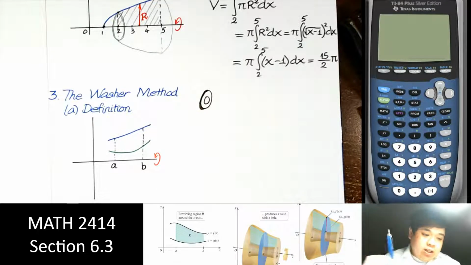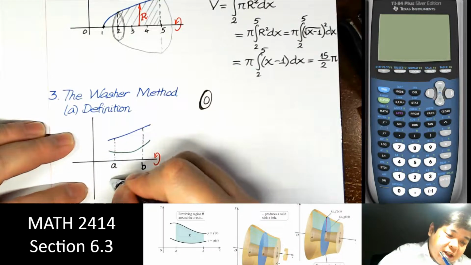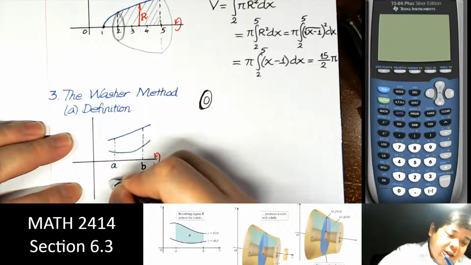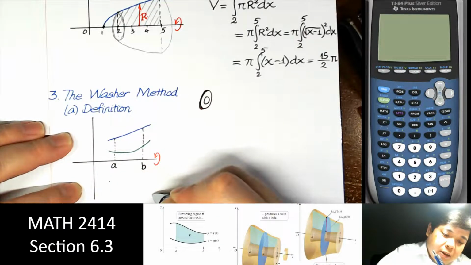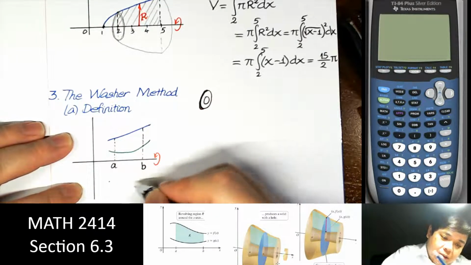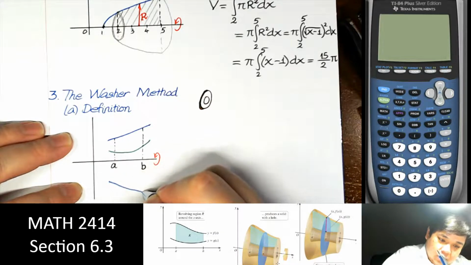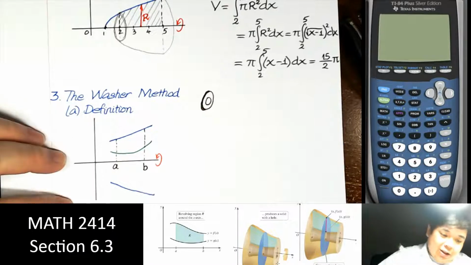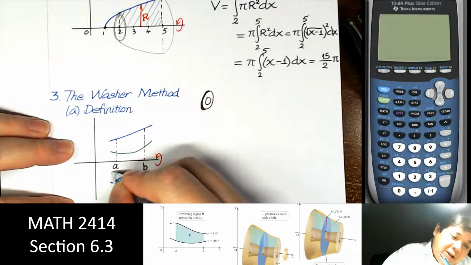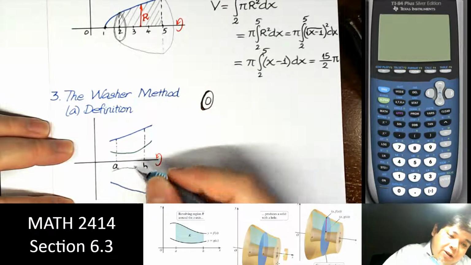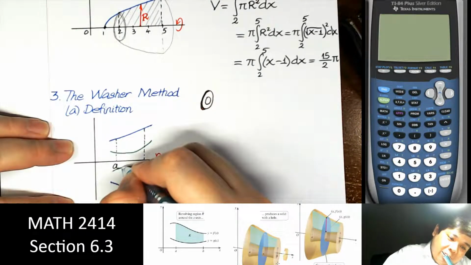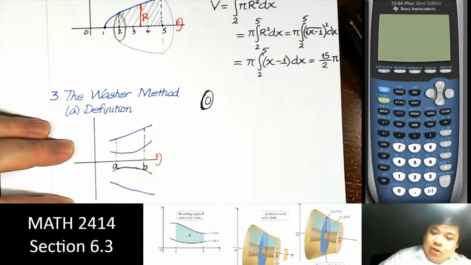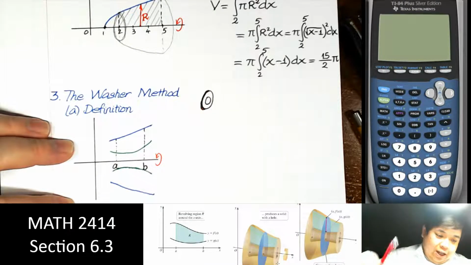So when we rotate, the outside will rotate and the inside also rotates.